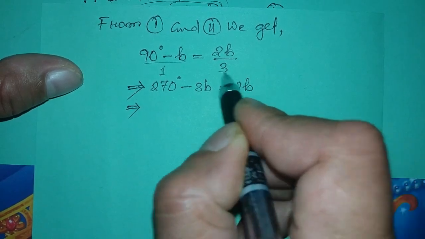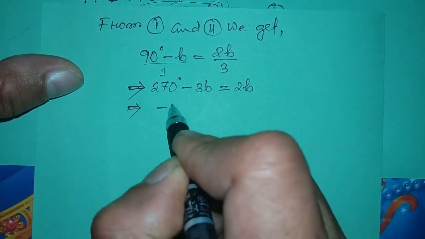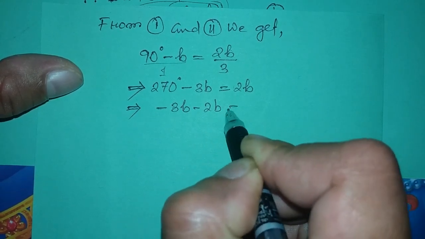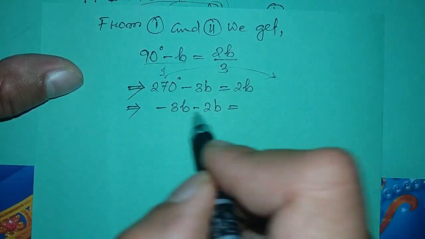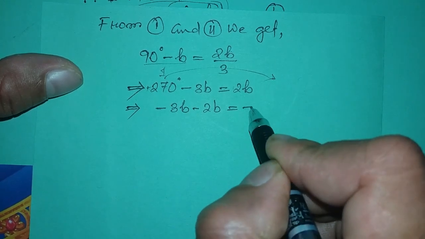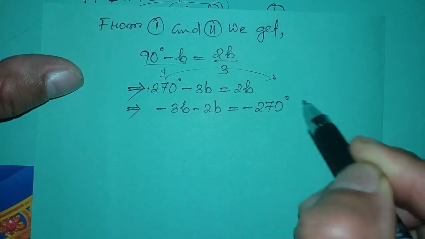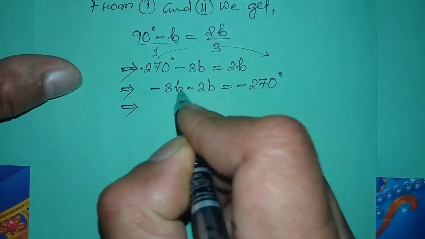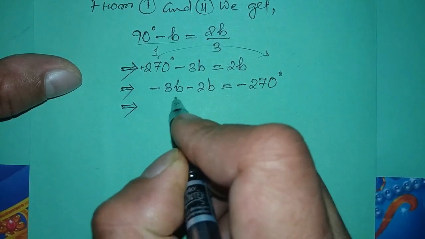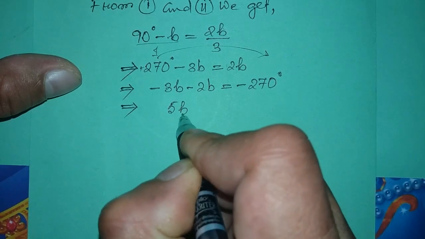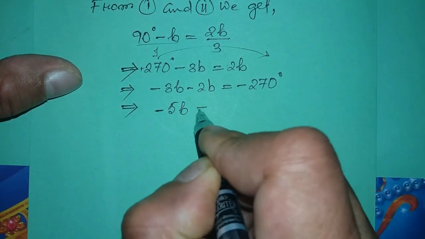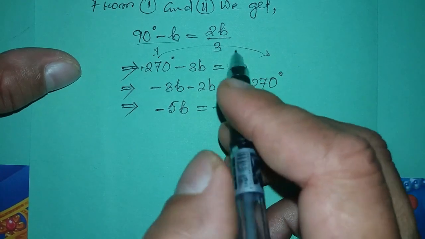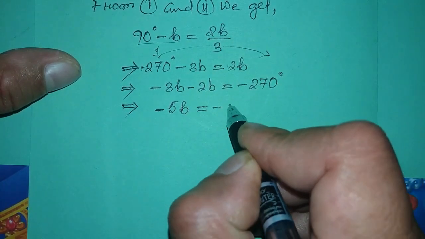Now let's take 2B to the left hand side, and this plus changes to minus, and also this 270 to the right hand side, so plus becomes minus. Now minus 3B minus 2B is minus 5B, and this is equal to minus 270 degree.